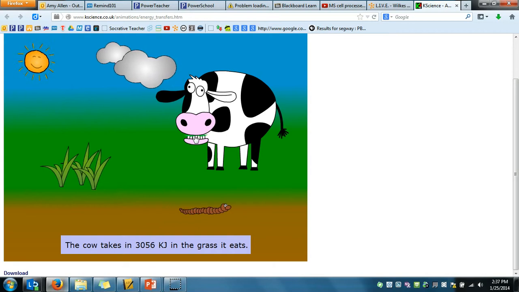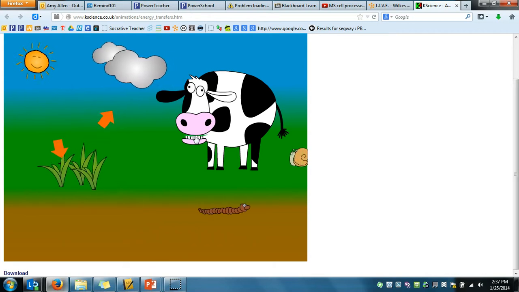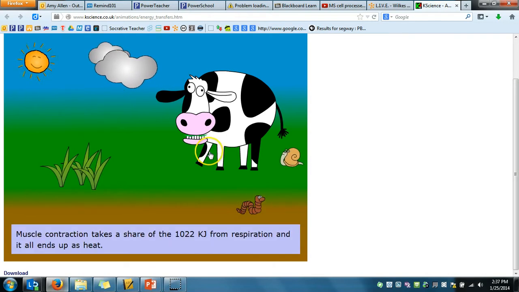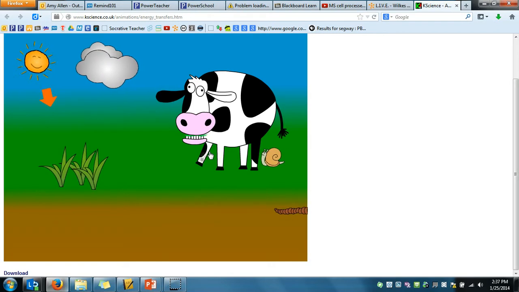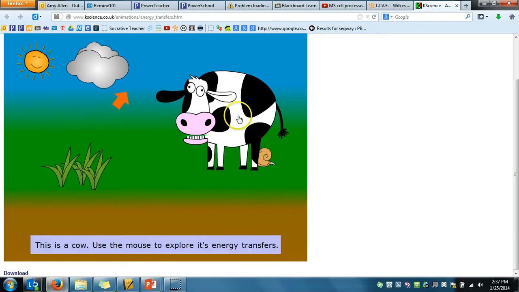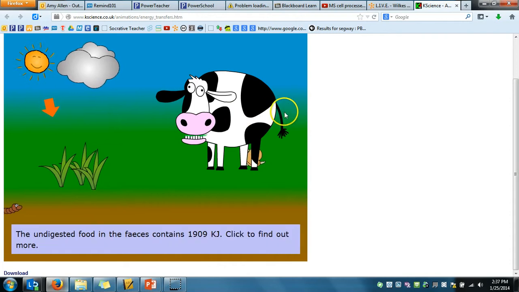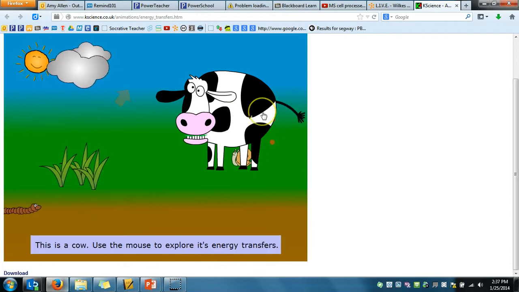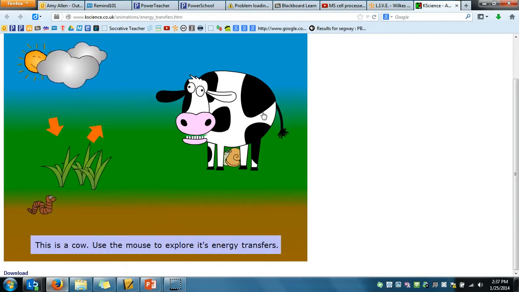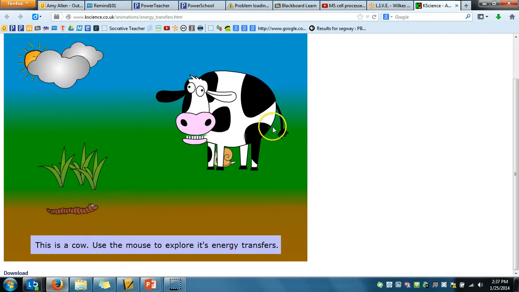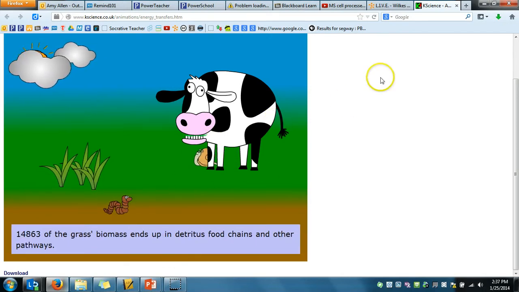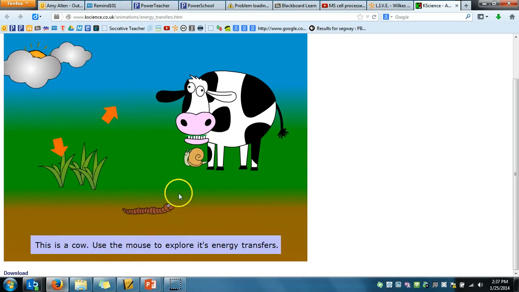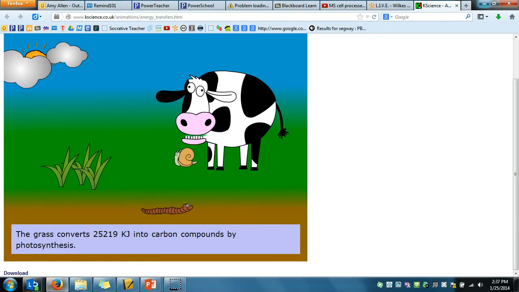The cow takes in about 3,000 kilojoules of energy from the grass that it eats, and it turns that into mechanical energy for movement. It also releases some energy when it turns the grass into waste, and then other organisms eat that waste. So you can see there's a lot of energy moving in our environment.